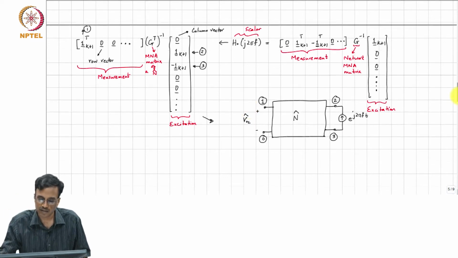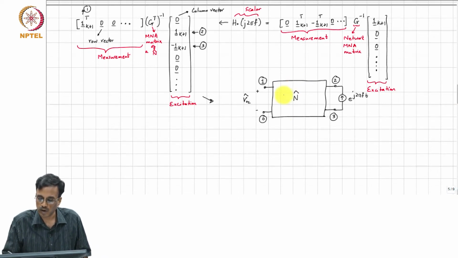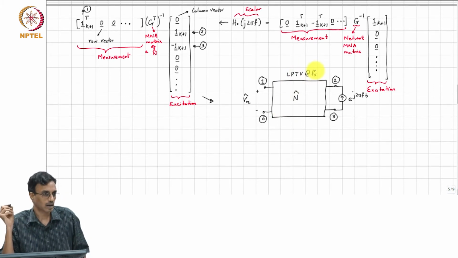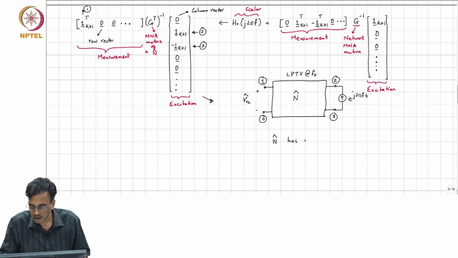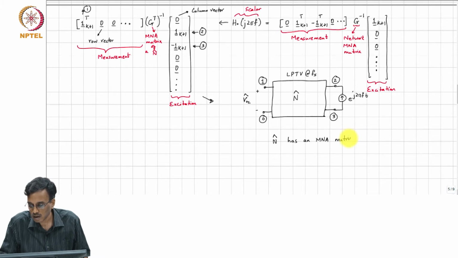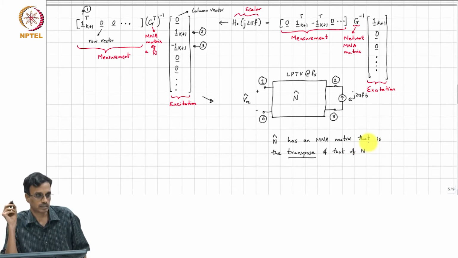So, what this is saying is that if you come up with a network, this is also LPTV at Fs, right, and n hat has an MNA matrix that is the transpose of that of n, all right.